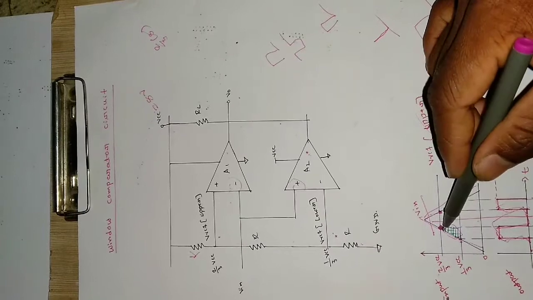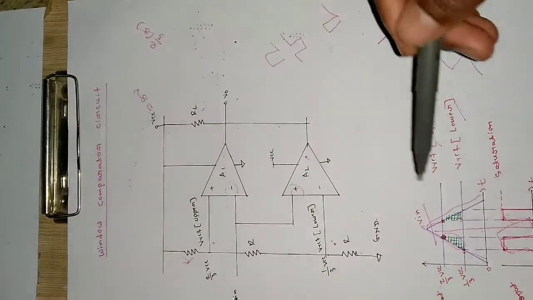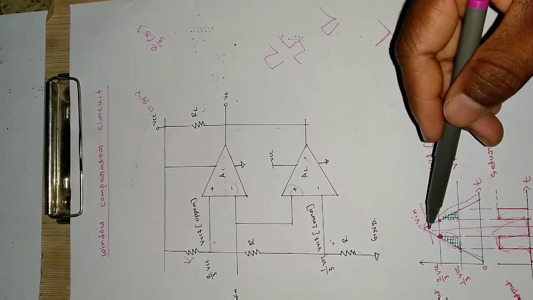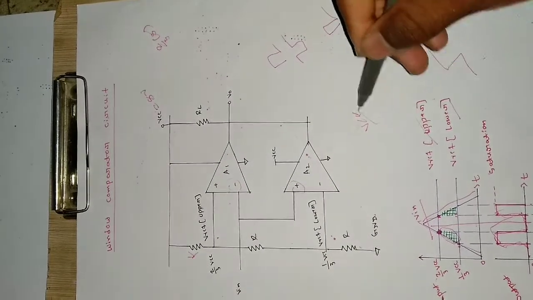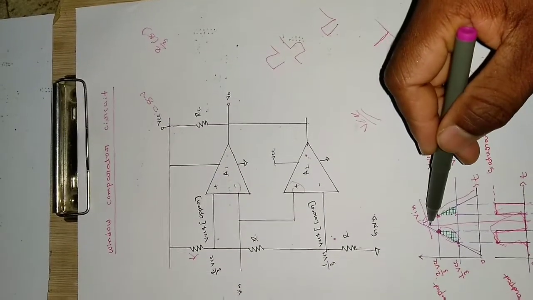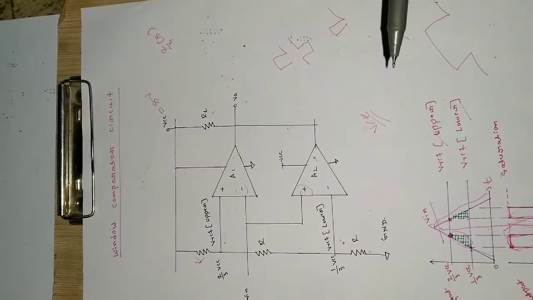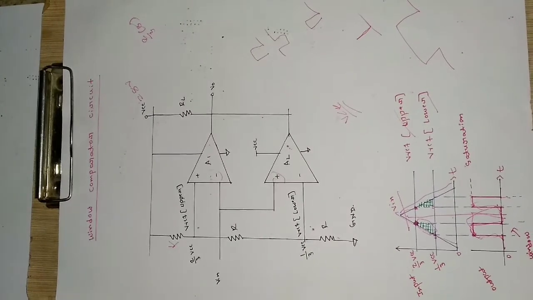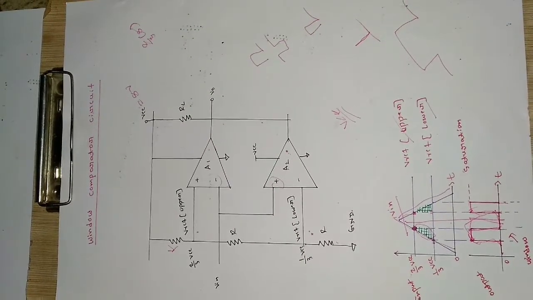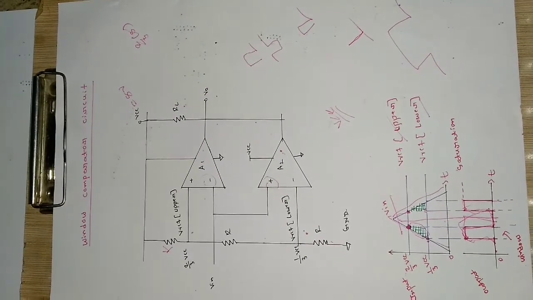If I change the upper reference voltage from two-third to, let us say, more like VCC itself, then the output will be like this. So it will have a pulse with a higher time period. Like this we can change the shape of the window by changing the upper and lower reference voltages. This is how we can create different types of windows.